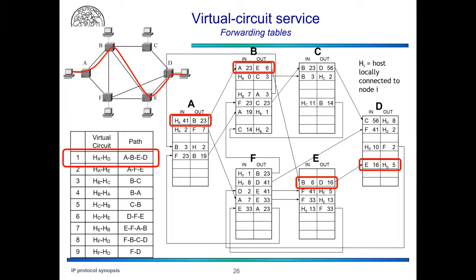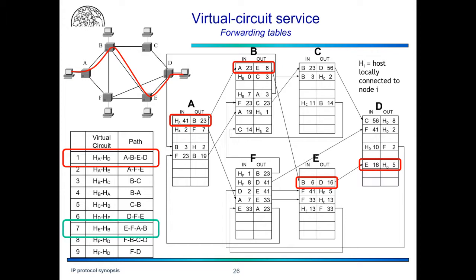And so on until the packet reaches the destination. And this is done for all the packets of the flow. Once the flow is set up and remains active, all the packets that are sent from host HA with virtual circuit identifier 41 will arrive at host HD, following the same path.